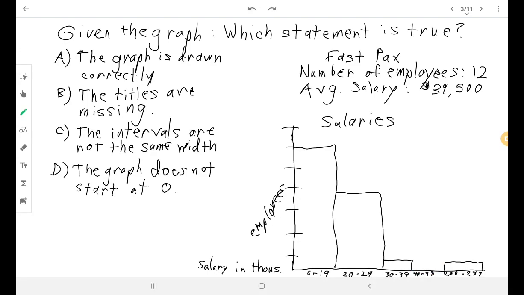And then we skip a whole bunch of numbers, and we have a $99,000 gap. So this really is misrepresented data in that way.